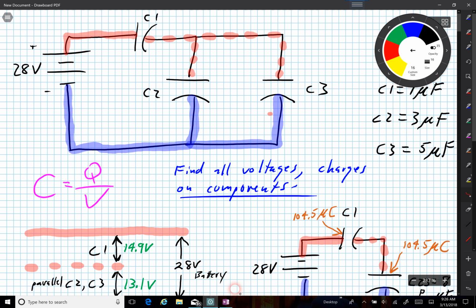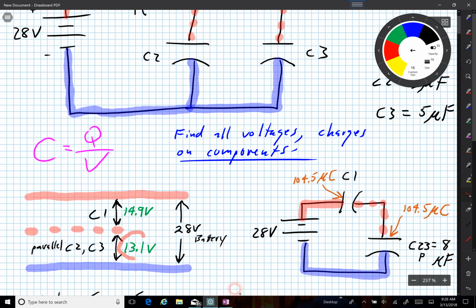Solid blue to dashed red, and solid blue to dashed red. And that color combination is 13.1 volts.